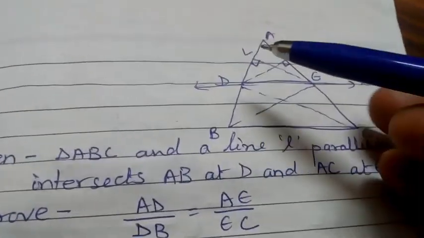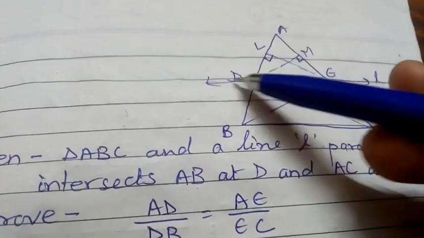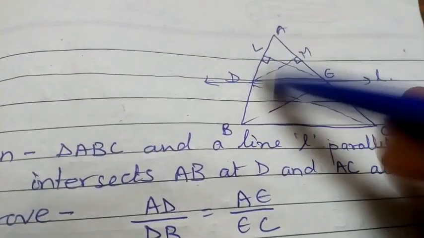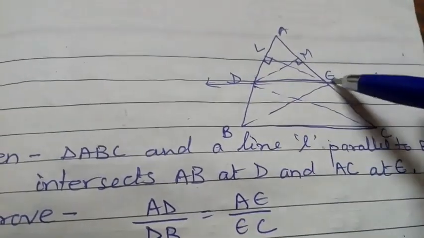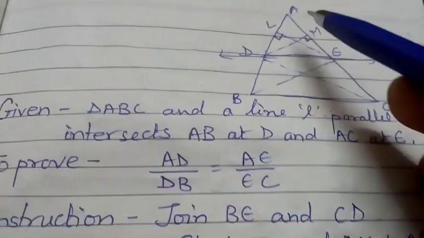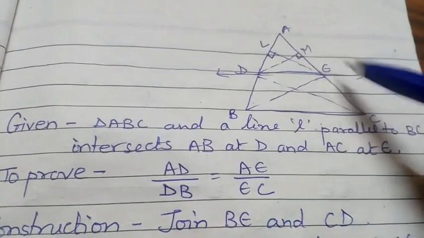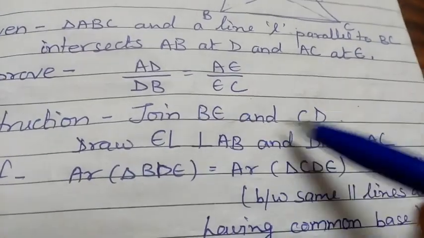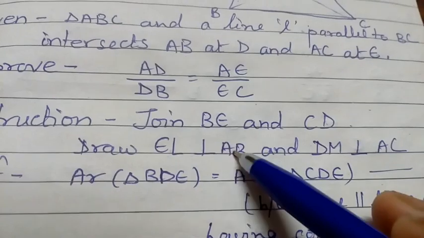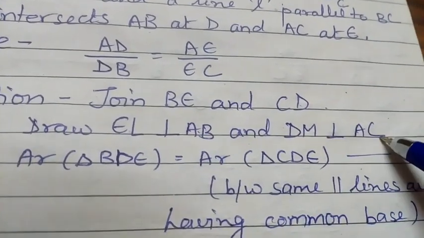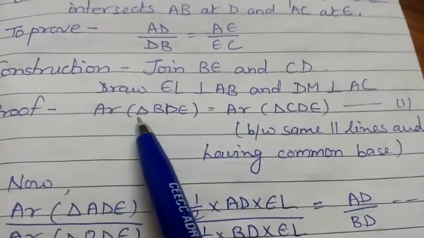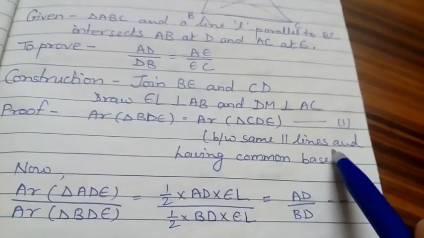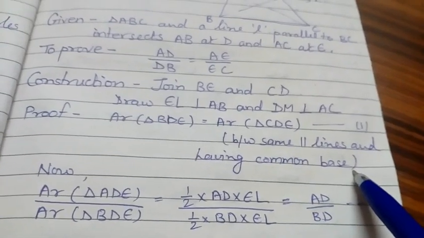Again, see here. Here is a triangle ABC. L is a line parallel to BC. It intersects AB at D and AC at E. We have to prove AD upon BD equal to AE upon CE. Next, construction: join BE and CD, EL perpendicular on AB and DM perpendicular on AC. Area of BDE equals area of CDE, between the same parallel lines and having a common base.